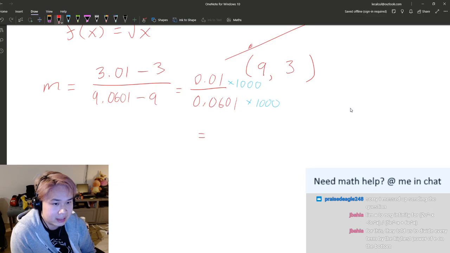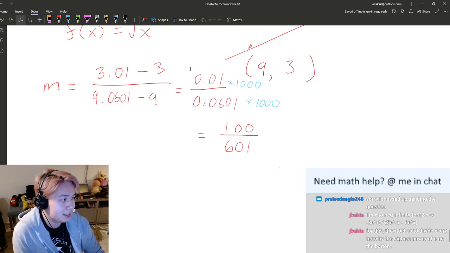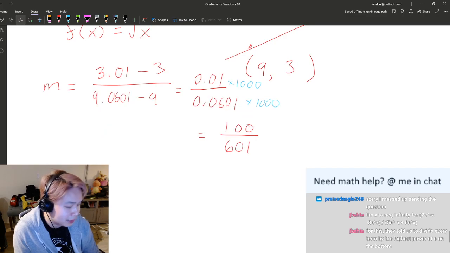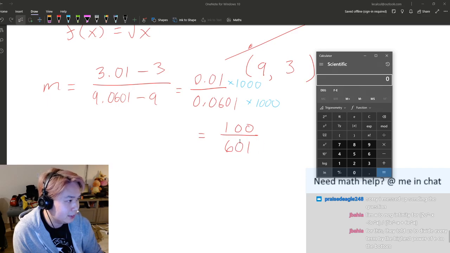So the slope of this line is 601 on the bottom, and on the top is 100. And you might be able to reduce this, or you could just evaluate this and write it as a decimal. Again, I don't know what the formatting of your answer is or what your professor wants, but you have options. You either have this fraction, which maybe you can reduce, or you can evaluate the actual division.